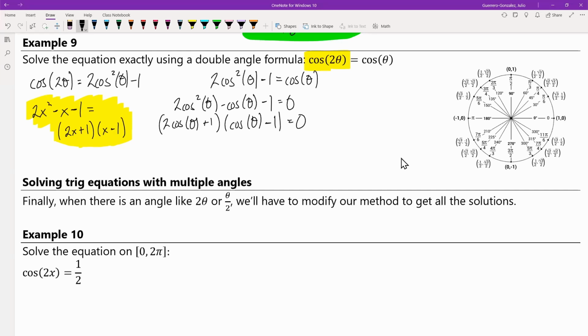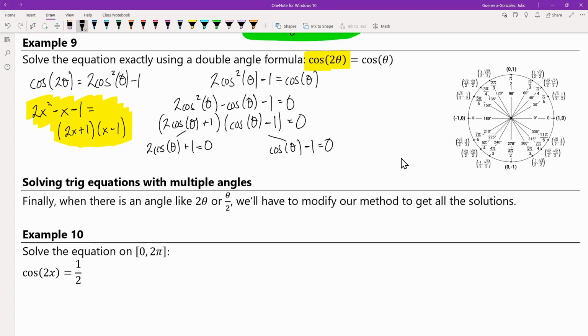Now we can treat this like we did before. 2 cosine of theta plus 1 is equal to 0, or cosine of theta minus 1 is equal to 0. Those are our two options.